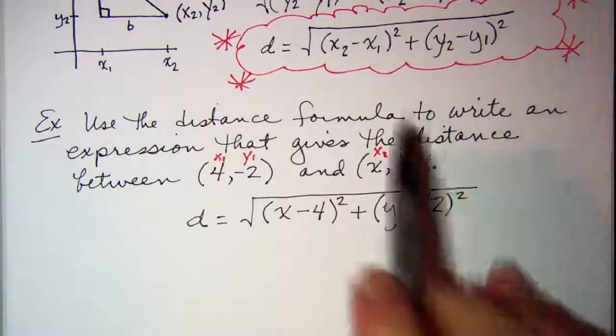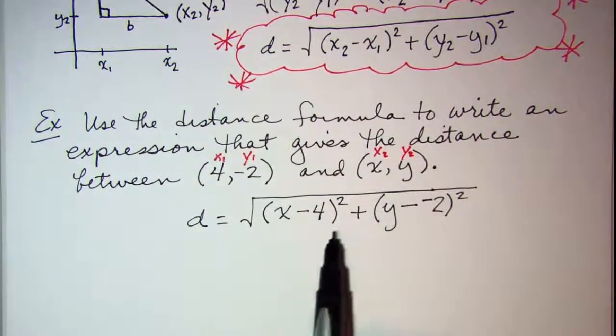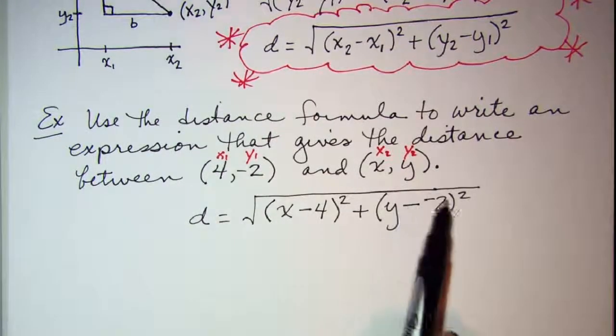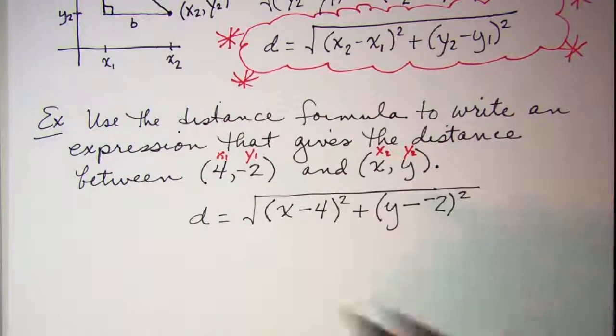Alright, now after you've replaced each of these variables with a number, then you just simplify. The only thing we can simplify here is these two negatives. We can change to a positive.